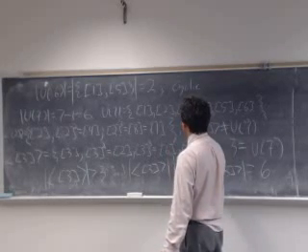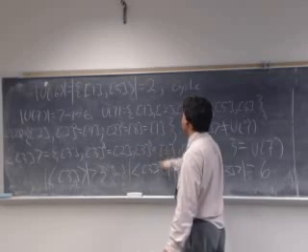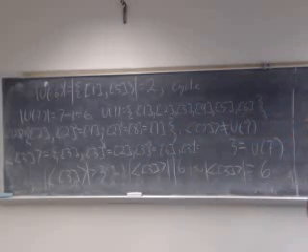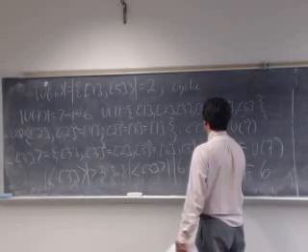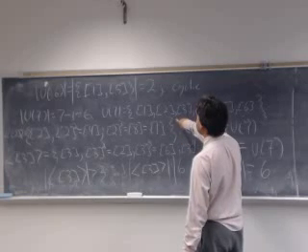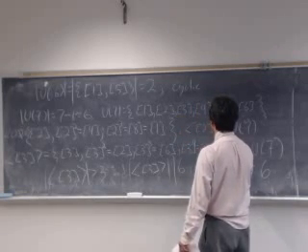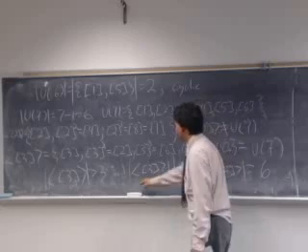3 to the 4th is 3 cubed times 3. 3 cubed is 6. So 3 to the 4th is 6 times 3, or 18. Which the equivalence class determined by 18 is the same as the equivalence class determined by 4.